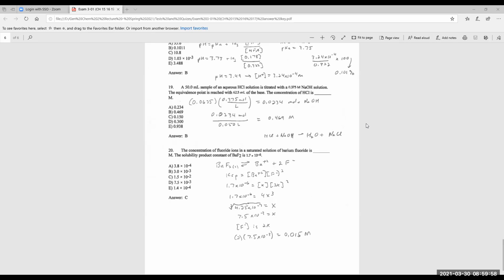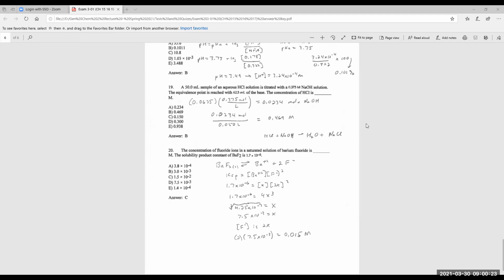So if you go ahead and write that expression, BaF2, the solid, going to Ba plus 2 plus F minus. To balance it, you need a coefficient of 2 in front of the fluoride ion. And so then your KSP expression would be KSP equals barium plus 2 concentration times the fluoride concentration squared.